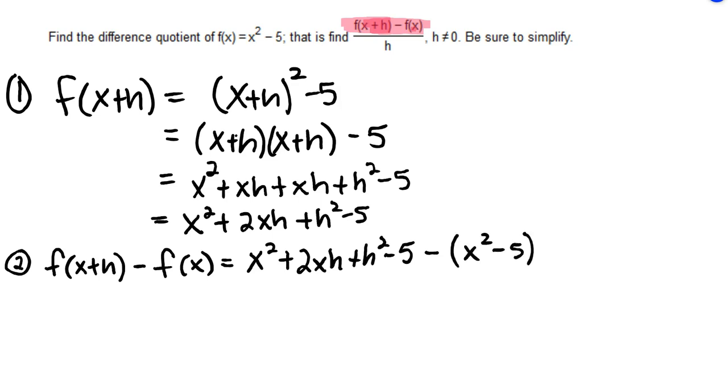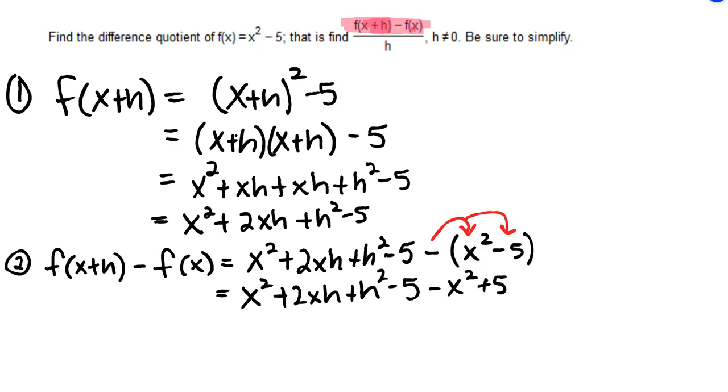And notice I put the parentheses around f of x because I want to make sure I subtract that whole function. So I'll distribute that negative to both the terms in the parentheses, which gives me x squared plus 2xh plus h squared minus 5 minus x squared plus 5.